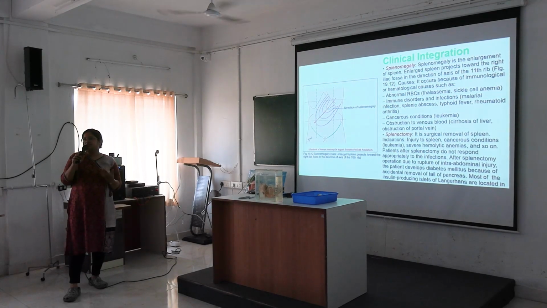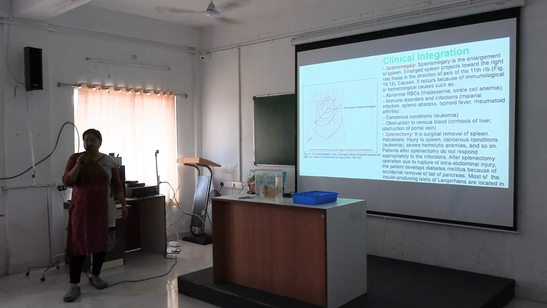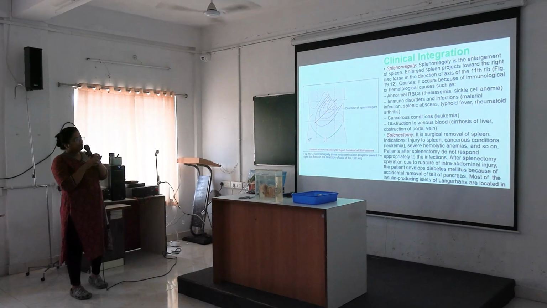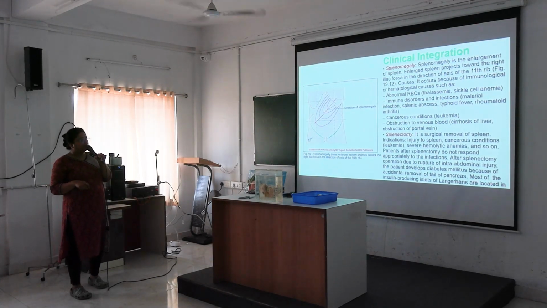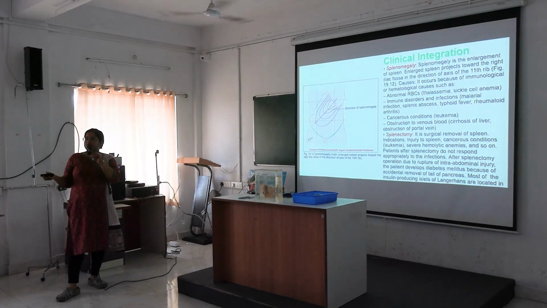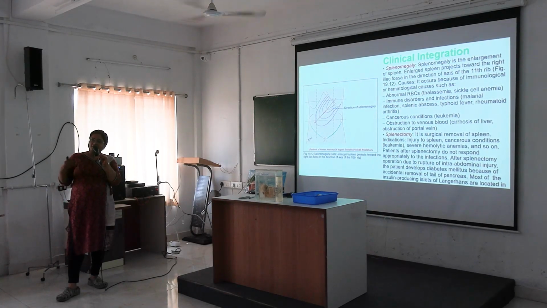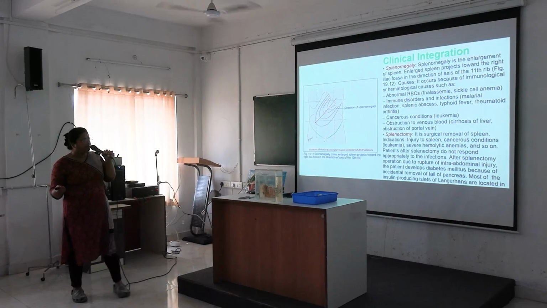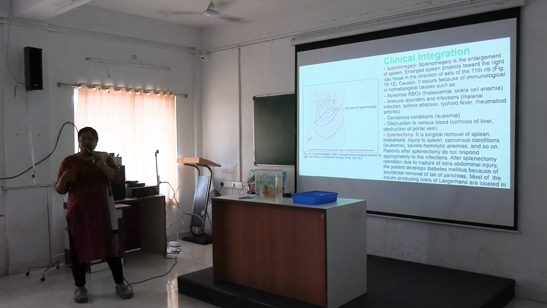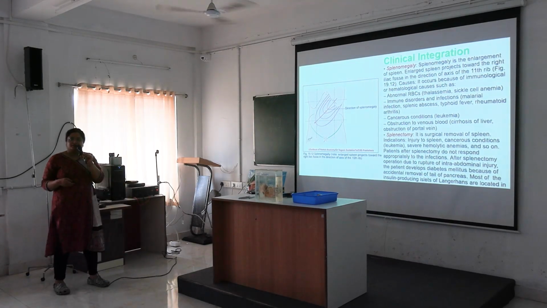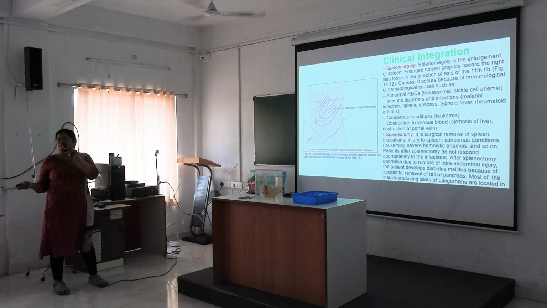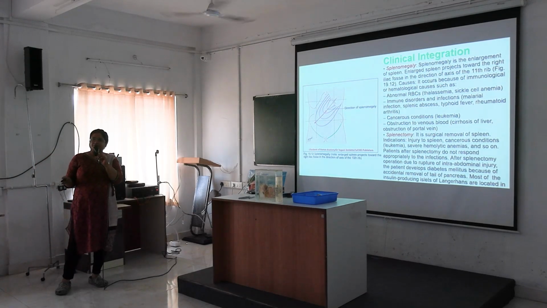Insulin-secreting beta cells are present in the islets. So most of the insulin-producing islets of Langerhans are located in the tail of the pancreas, and that is removed during splenectomy. So there is a chance of development of diabetes mellitus. This is a very frequently asked 'explain why' question: why does diabetes mellitus develop after splenectomy?